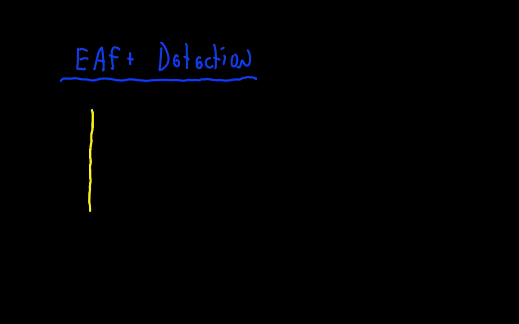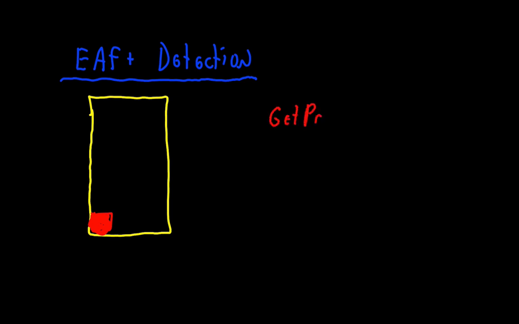Here we have a process, and within this process, we have our memory-injected DLL or our shellcode. Now, one of the first things our shellcode or memory-injected DLL have to do is find the address of get proc address and load library.